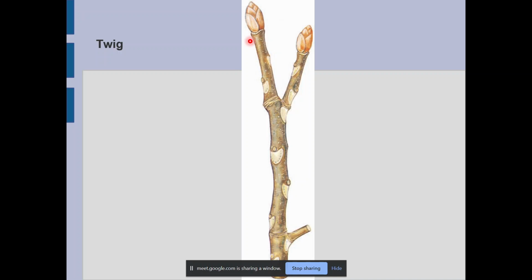So there are two types of the growth, primary and secondary. Primary growth increases the length of the twig, and usually occurs at the apical meristem at the tips of the stems, so here and here.